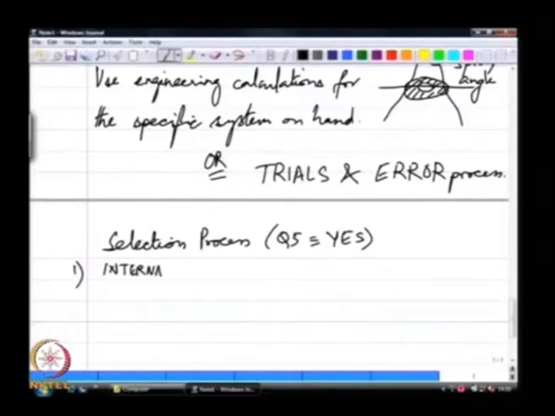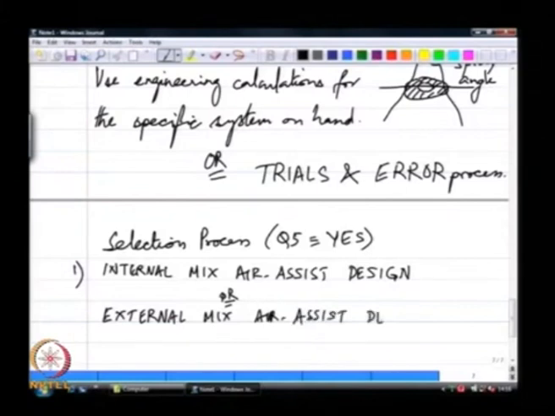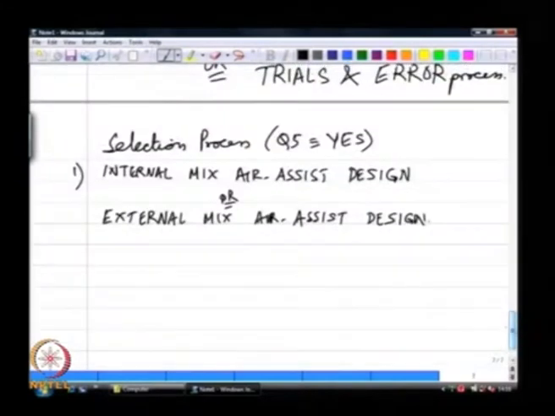One is an internal mix air assist design, or an external mix air assist design?